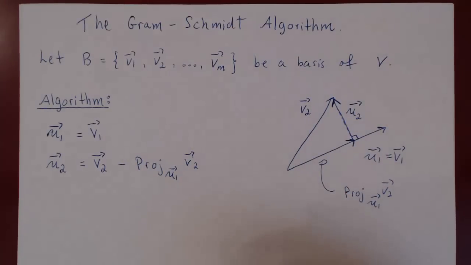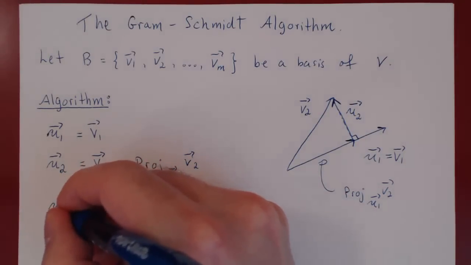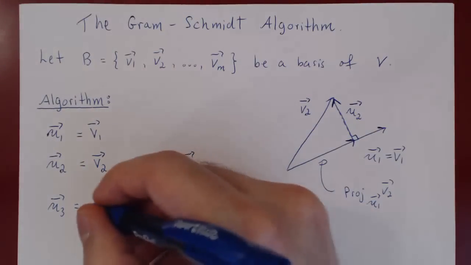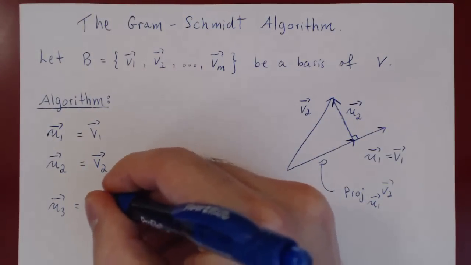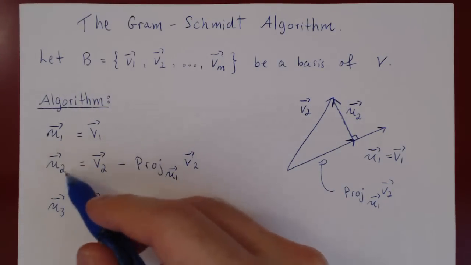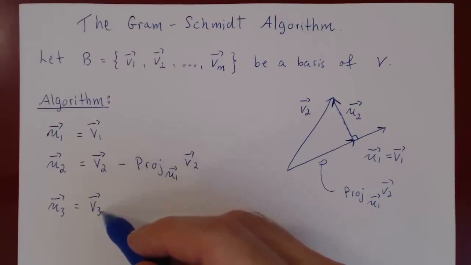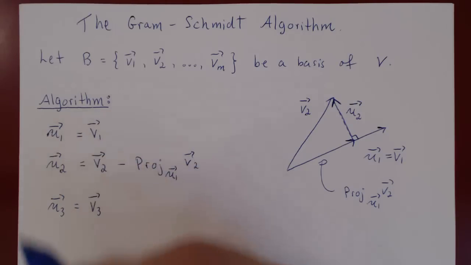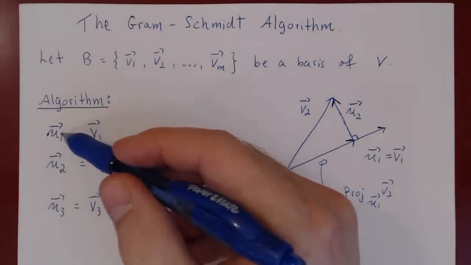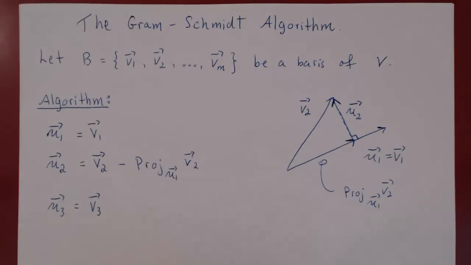How would you compute now the third new vector of your basis? Well, think of it. You will take vector v3, but v3 will have a component along u2, and v3 will also have a component along u1. But you don't need those two components because you already have u1 and u2 to span those directions.